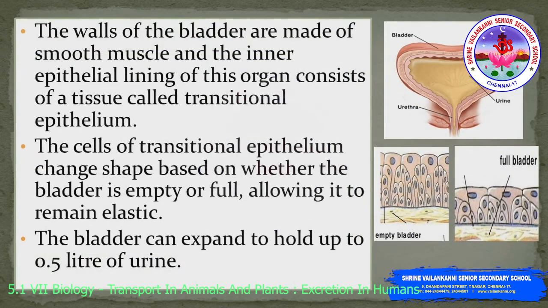The walls of the bladder are made of smooth muscles, and the inner epithelial lining of this organ consists of a tissue which is called transitional epithelium. The cells of the transitional epithelium change their shape based on whether the bladder is empty or full, allowing the bladder to remain elastic. The bladder can expand to hold up to 0.5 liters of urine.